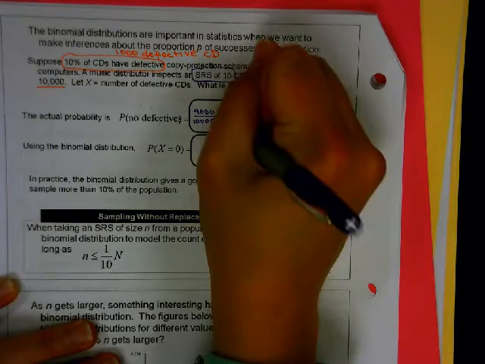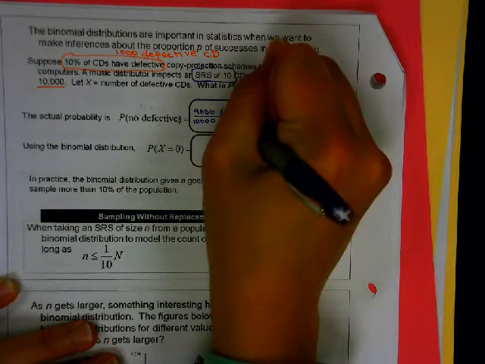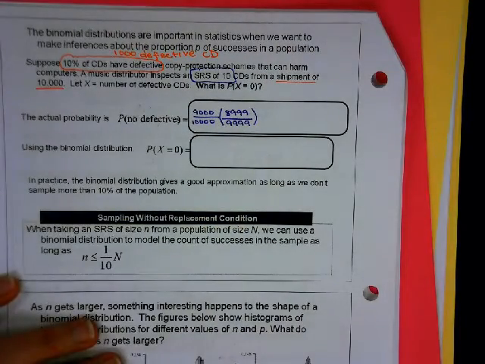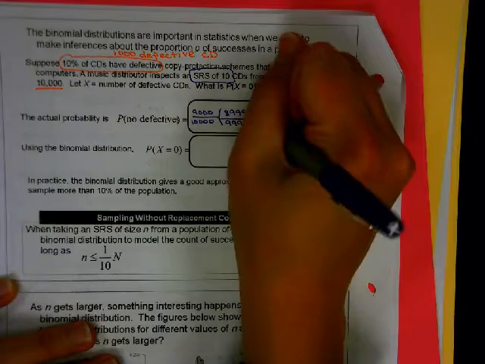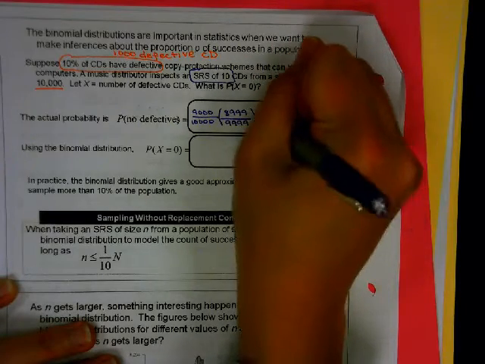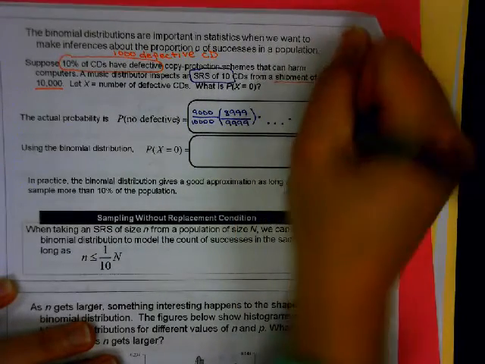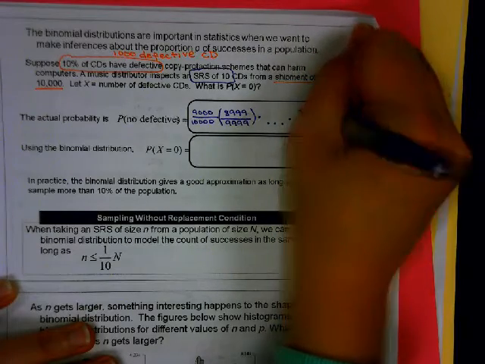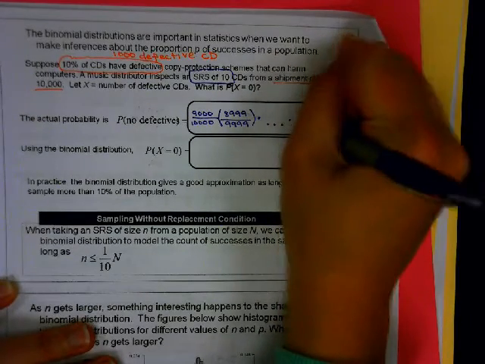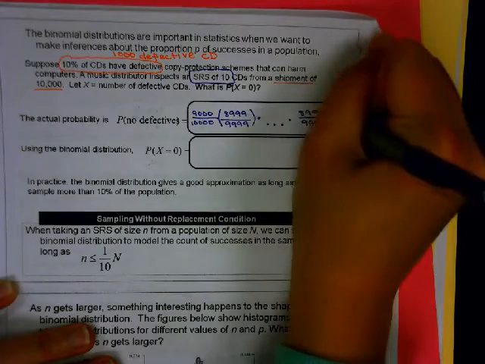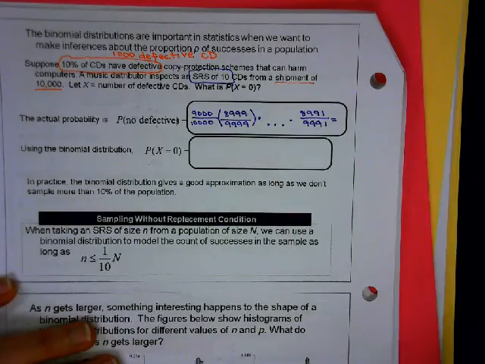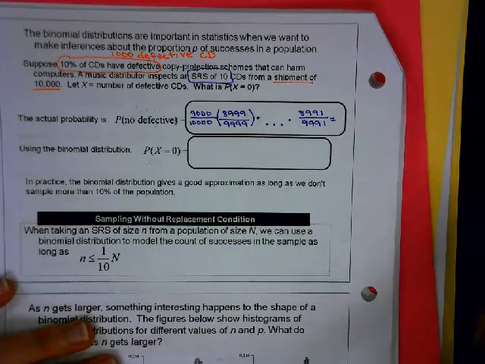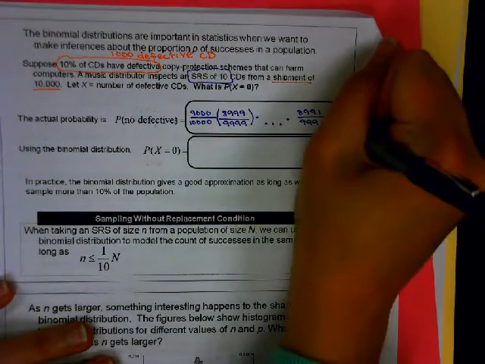I'm not going to make you write it all out, but hopefully you guys believe me, the last one would be 8,991 out of 9,991. And we could find the probability that he didn't get a defective one. It comes out to about 0.3485. Now, I'm hoping you guys trust me on that. If you really want to, you could fill in the blanks in between.